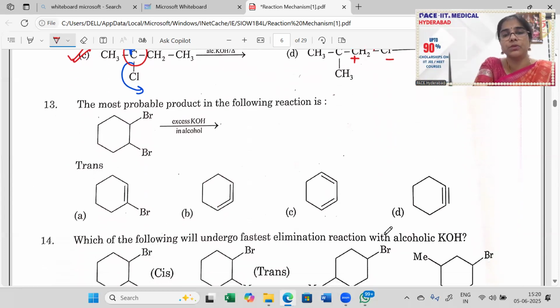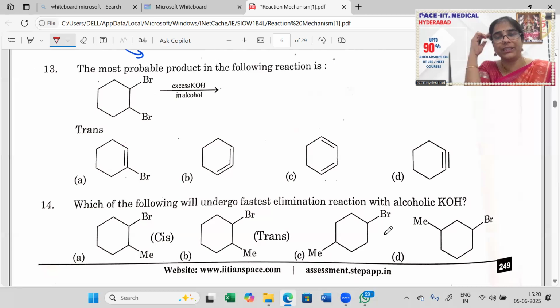Next, moving on, the most probable product in the following reactions, excess KOH is given to us. Excess KOH. What happens in the case of excess KOH? First, let us remove one Br minus, it has gone out, and a positive has come on the carbon. Now, as soon as the positive comes on the carbon, what happens after, because it is excess, here also you have one hydrogen also, right?